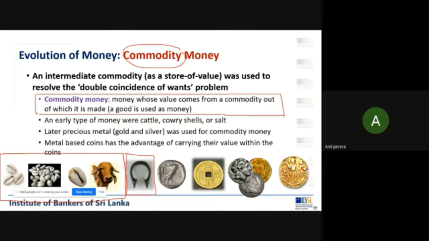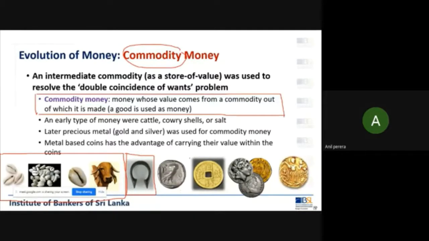After this point onwards, precious metal was used to manufacture or mint commodity money, and that has evolved into different shapes, improved quality, and general acceptability.